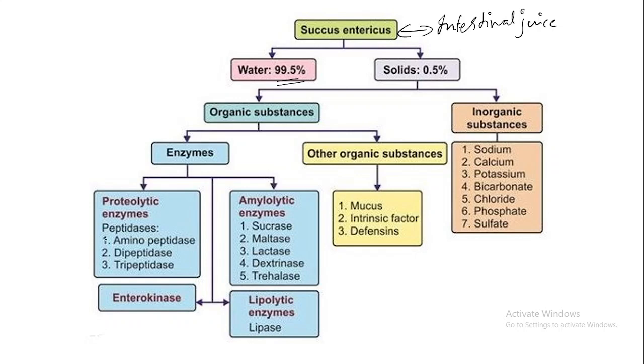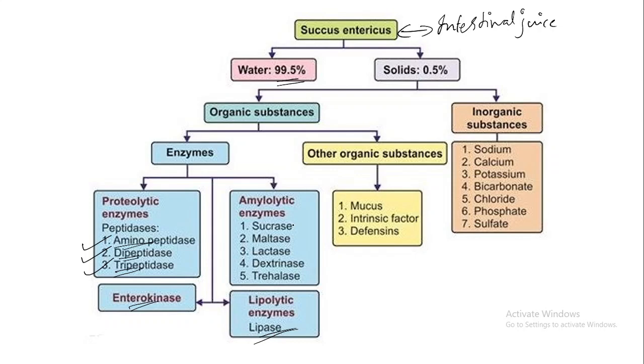We have different peptidases: aminopeptidase, dipeptidase, tripeptidase. These peptidases act on peptides, finally giving the end product amino acid. Dipeptidase acts on dipeptides to produce amino acids, and tripeptidase acts on tripeptides to produce amino acids. We have enterokinase, and the lipolytic enzyme lipase, which acts on the broken lipids, finally giving fatty acids and glycerol.